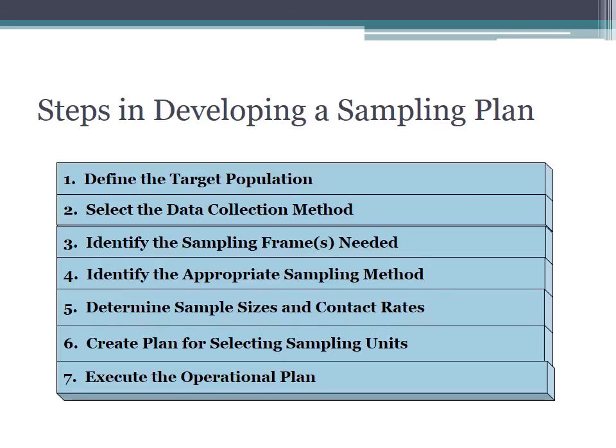We then have to identify the appropriate sampling method. Is this going to be probability or non-probability? And we need to consider all of those 7 factors we talked about earlier, the objectives, the accuracy, the resources, the time frame, the knowledge, the scope, and the stats needed. We then calculate our sample size, considering both our time and money.